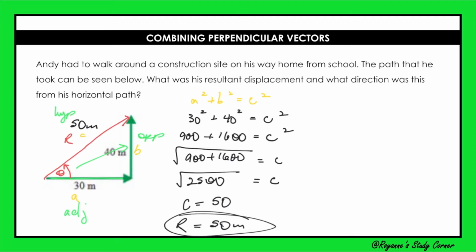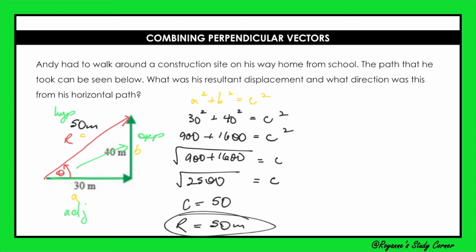So now I think if I have adjacent and I have opposite, and I know my trig functions, SOHCAHTOA, so sine is opposite over hypotenuse. I know cosine is adjacent over hypotenuse, and I know tan or tangent theta is opposite over adjacent.